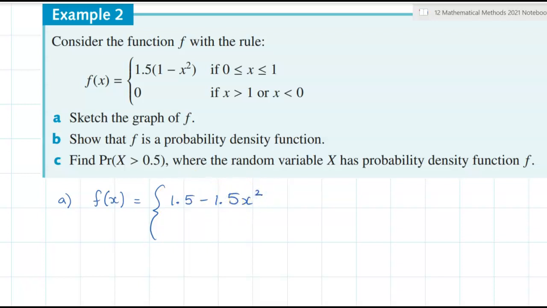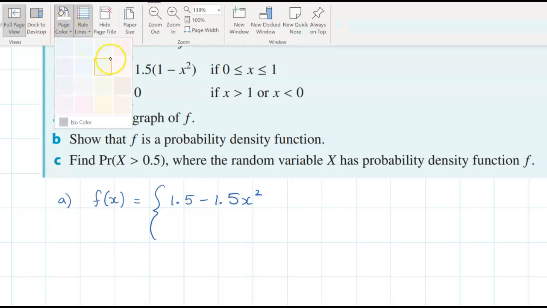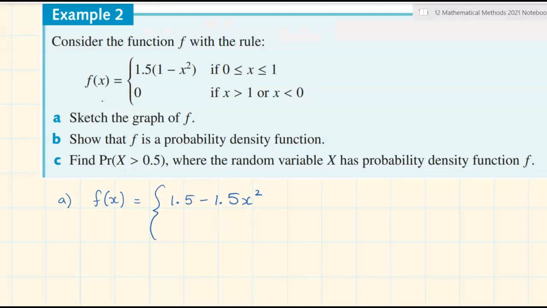What are we using? What might be useful? No calculators. Use our brains. Come on, guys. Parabolas. How do we sketch parabolas? This is not rhetorical. Talk to me.